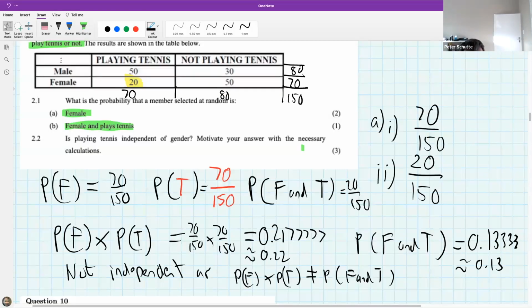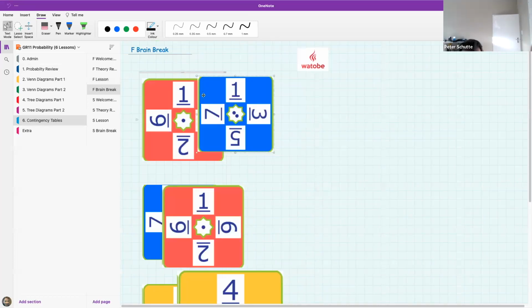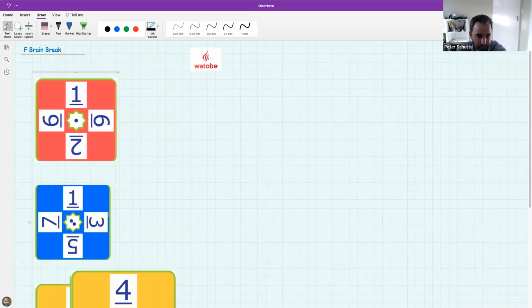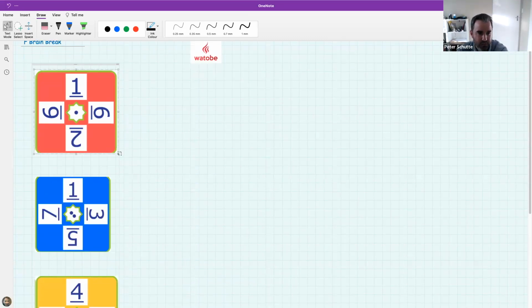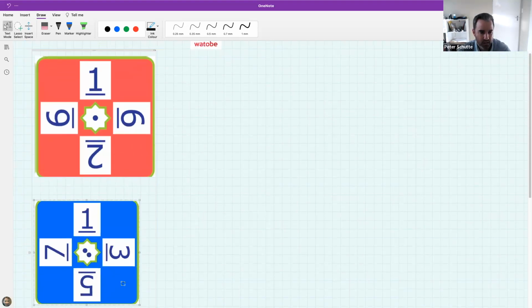Okay, and then let's see if you can do a quick Maths 24 puzzle. Oh, what's going on here? It's like double trouble here. So just see if you can do one of these two. Can you get to 24 using one of these two?